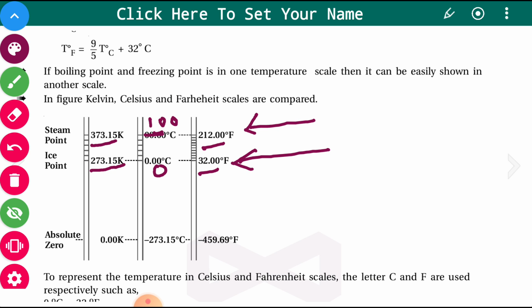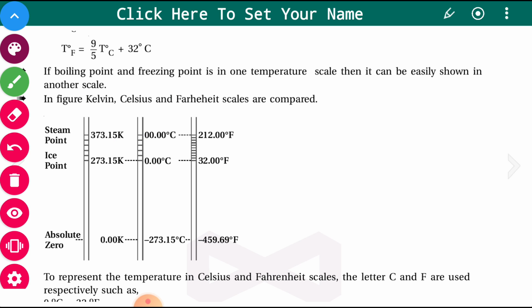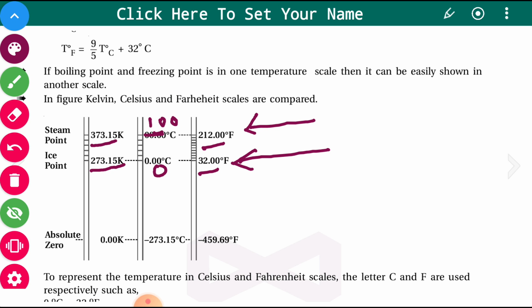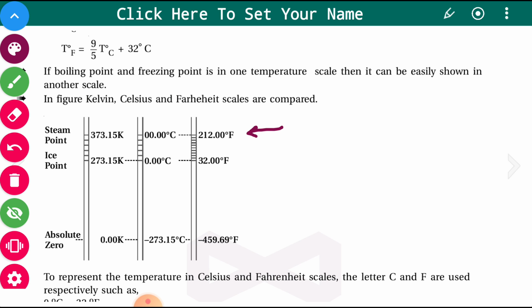Similarly for Fahrenheit, 32 degrees Fahrenheit is the ice point, that is our 0 in Celsius, and 212 degrees Fahrenheit is the steam point, that is 100 degrees Celsius. So these three scales have different reference points for the ice point and steam point.